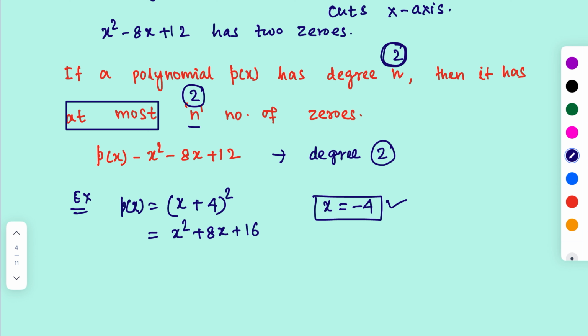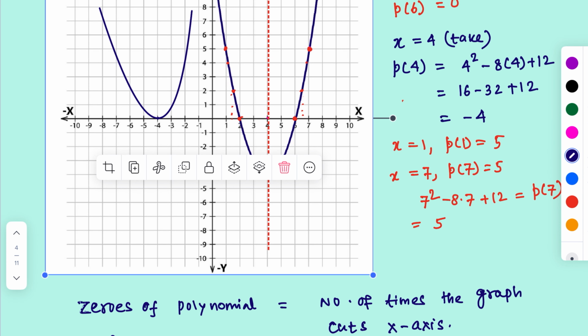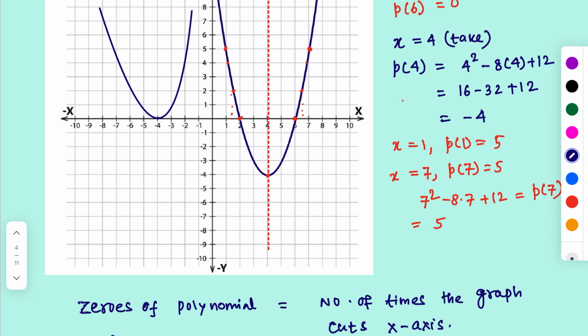So x is equal to minus 4 is the only zero. You see here, x is equal to minus 4, that means the graph will be somewhat like this. That means it will touch the x-axis. Here, when it touches the x-axis, it has only one root, only one zero.